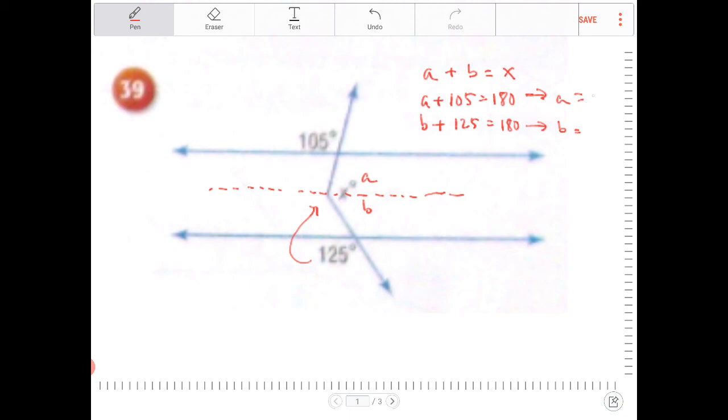So A will equal 75, and B will equal 55. And since A and B is 75 and 55 apiece, X will equal 75 plus 55. That will be 130. Because A plus B is equal to X, right? So I replace A and B to get X.